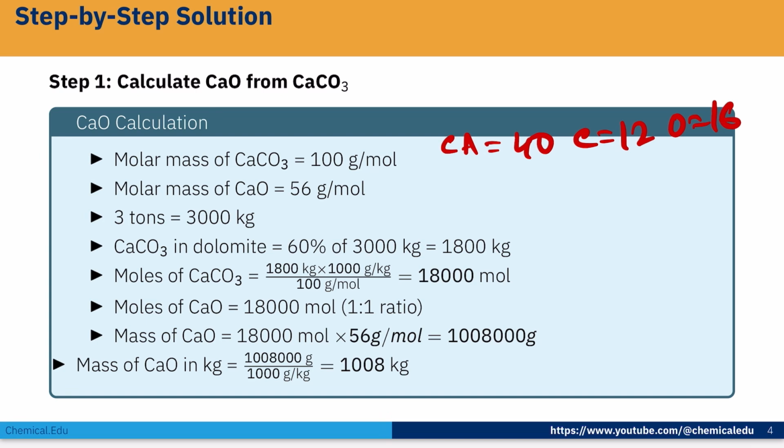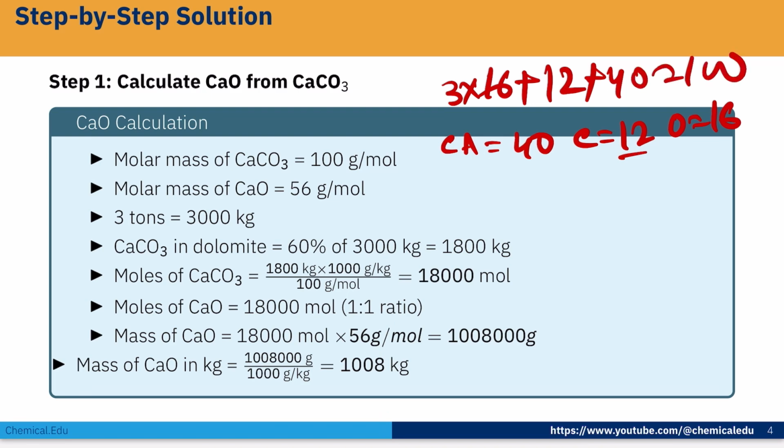So if you calculate, 1 calcium, then 1 carbon and 3 oxygen atoms. So 3 into 16 plus 12 plus 40, that will be 100. So the molar mass of calcium carbonate is 100 gram.